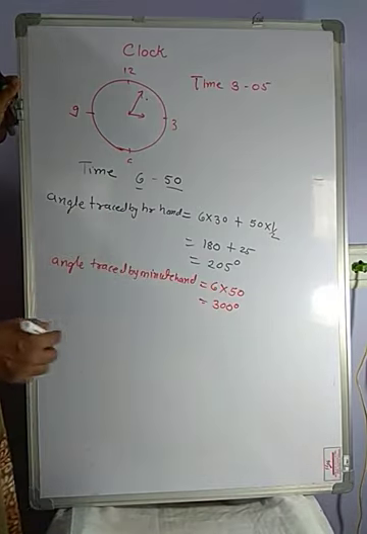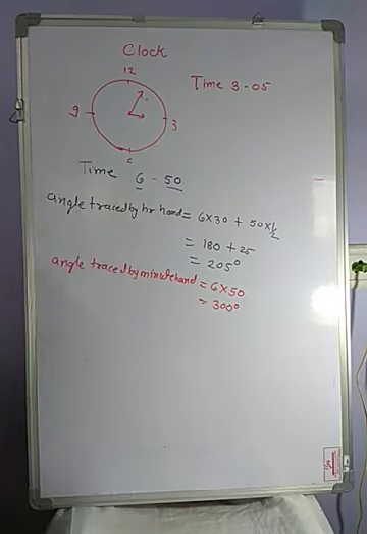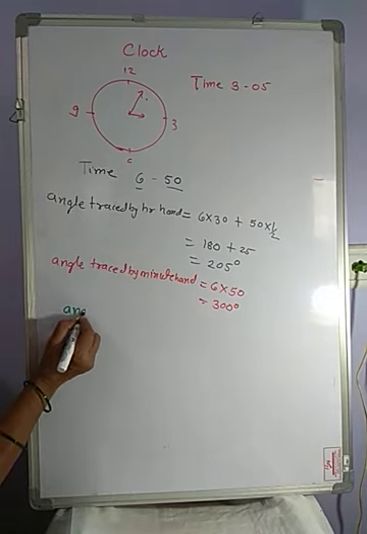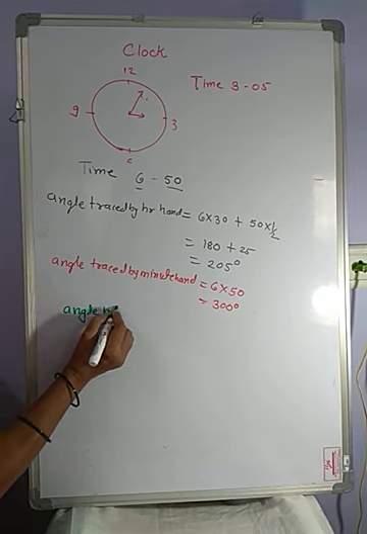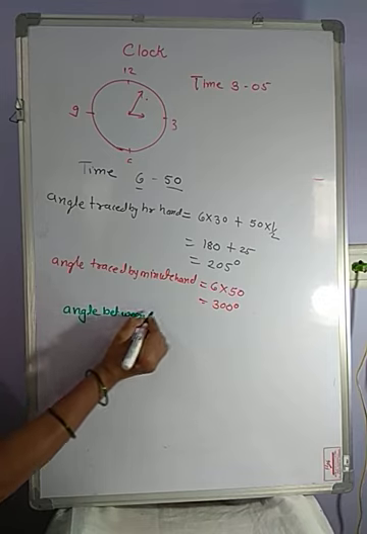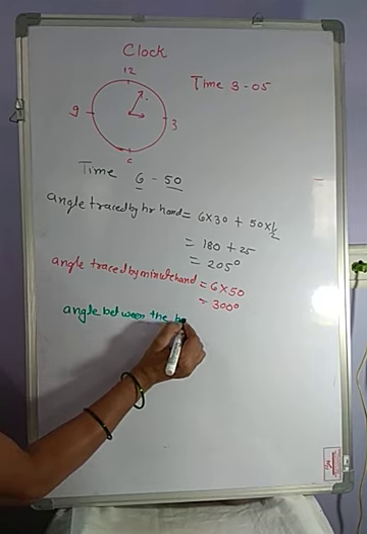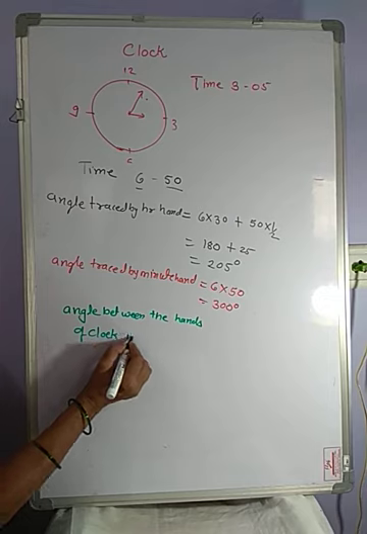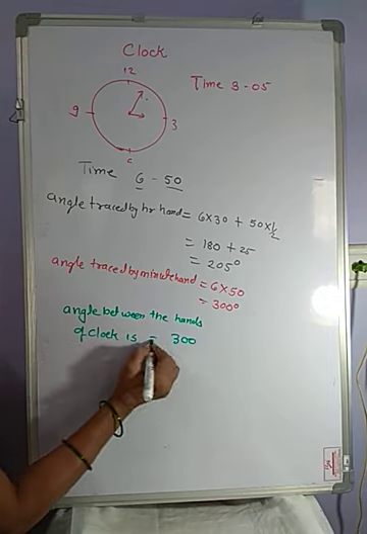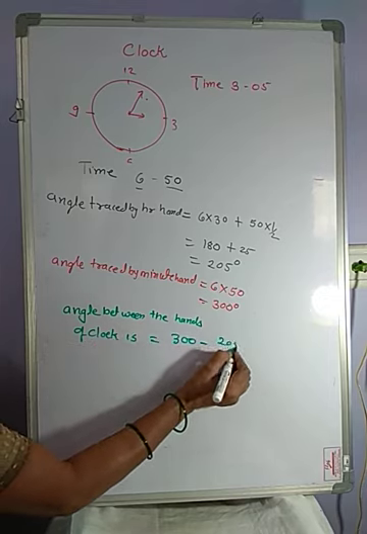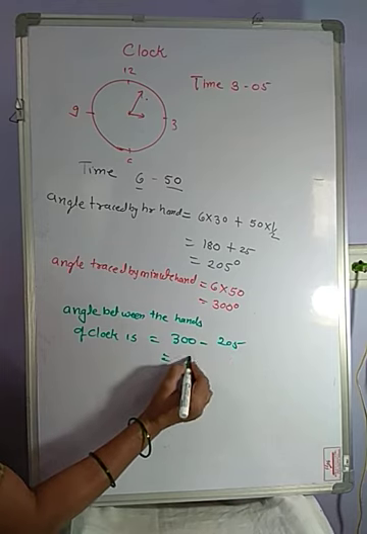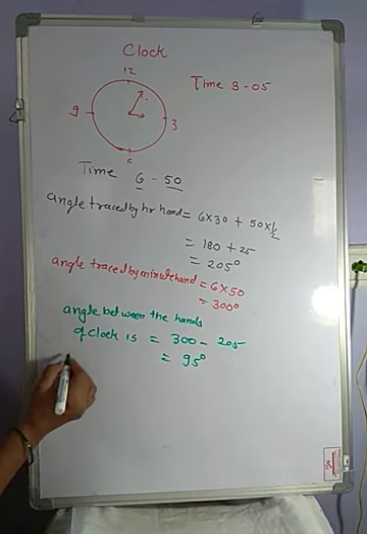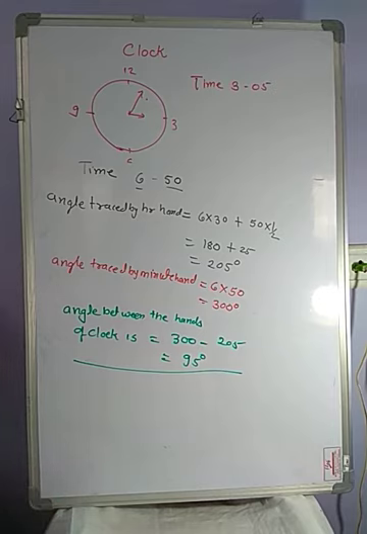So the angle between the hands of the clock is 300 minus 205, that is equal to 95 degree. Did you get the answer?